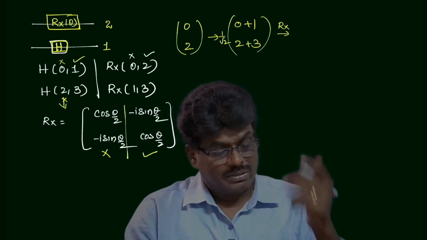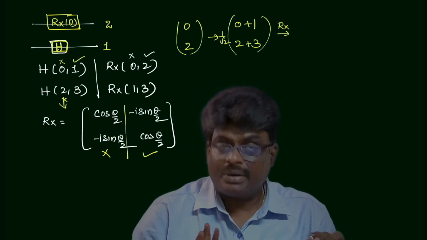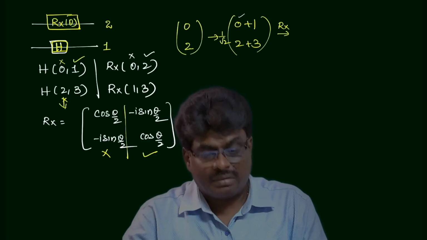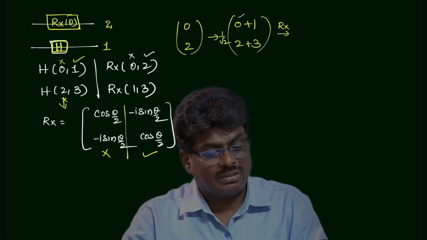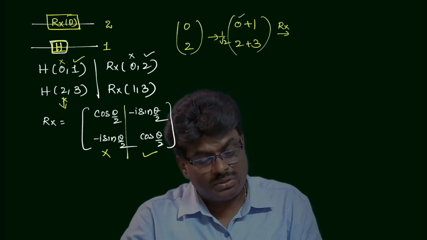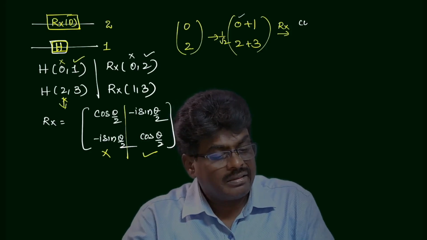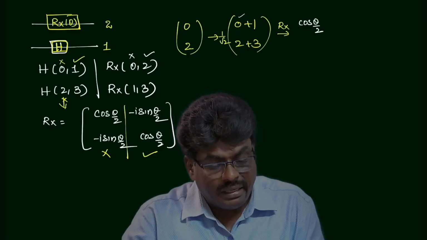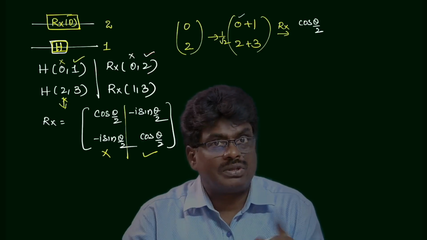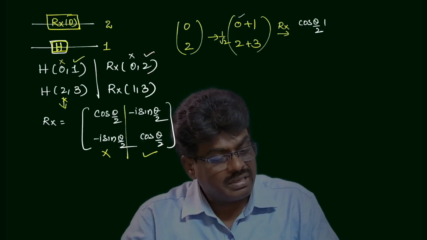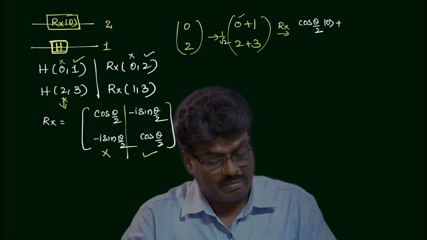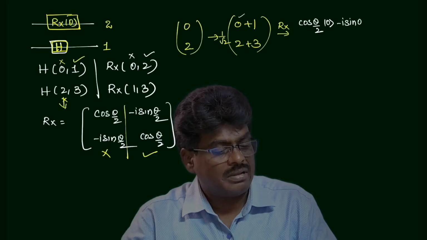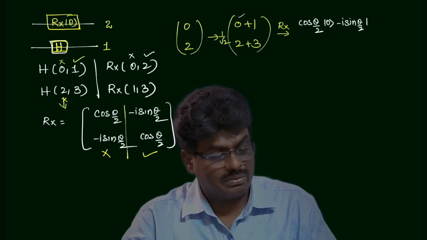Okay, let us see. No need to get tension. So here you have 0. 0 is off. Come to this Rx operation. Now you are operating Rx. 0 is off, that's why cos theta by 2. Remember, it creates a superposition of 0 and 2. Cos theta by 2 0, minus, I have to take the first column, minus i sin theta by 2 2.